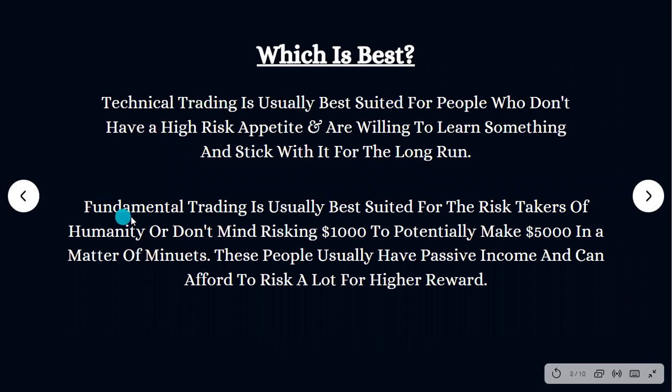Group 2, fundamental trading, is usually best suited for the risk takers of humanity, or people who don't mind risking around $1,000 to potentially make $5,000 in a matter of minutes. These people usually have passive income and can afford to risk a lot for higher reward. If you belong to group 2, that's good as well. It just depends on the type of person that you are, your personality. It's advised to know both.